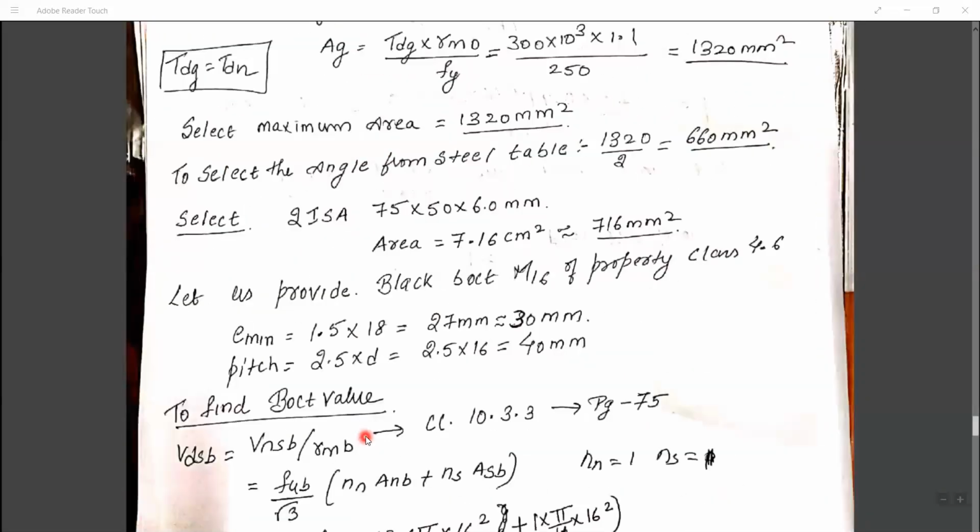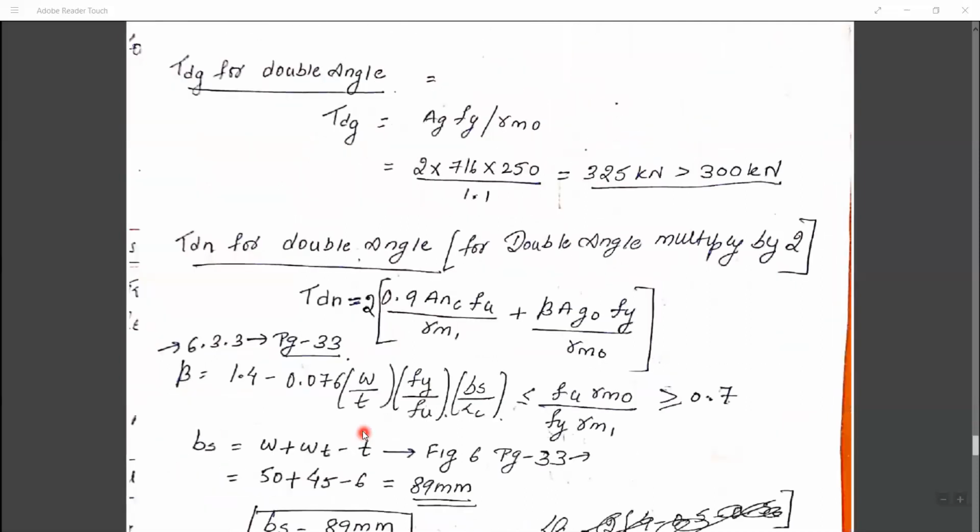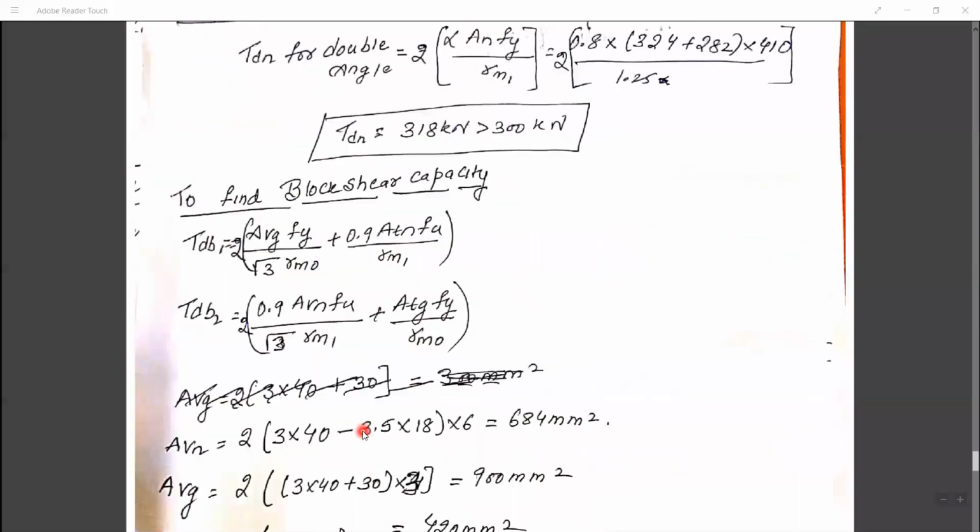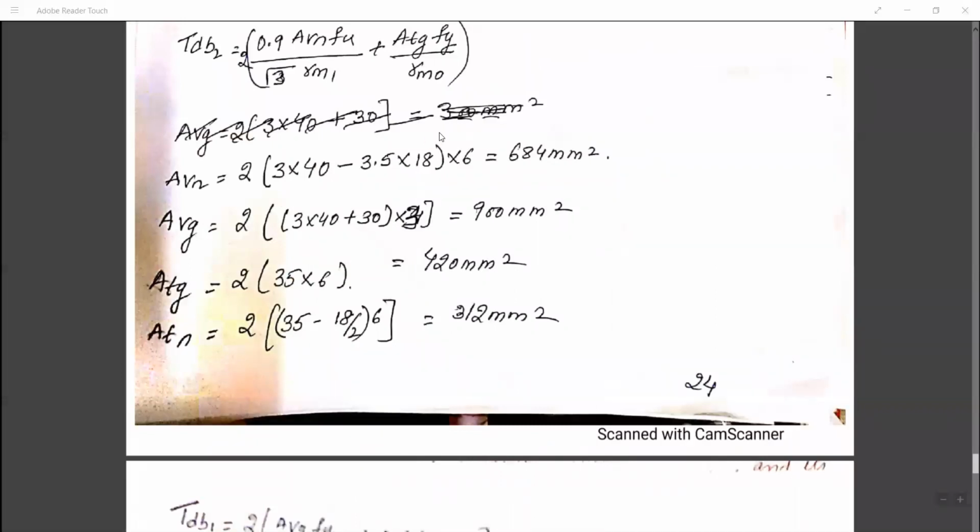Sorry, this should come 30 only. Here the value will come as 30 only, not 35, it is 30. Here the value will come as 30 into 6, then 30 minus 18 by 2 into 6. So that you will get as 320.